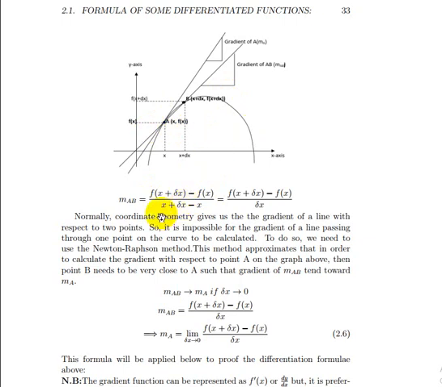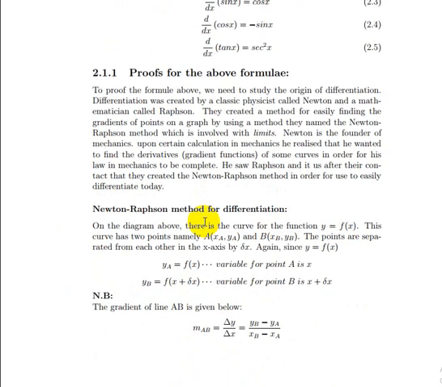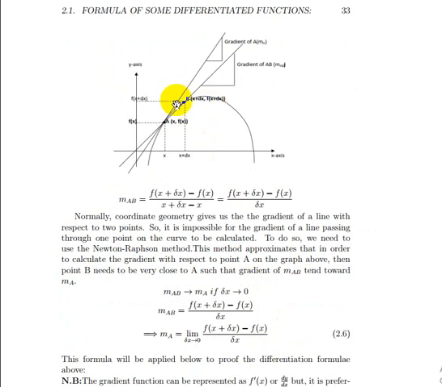I divide all by x plus dx, which is the x of b, minus x. So this is the formula written here. The gradient is the change in y all over the change in x. This is equal to y of b minus y of a all over x of b minus x of a. Now you see all of them here. So it gives you all this formula here.